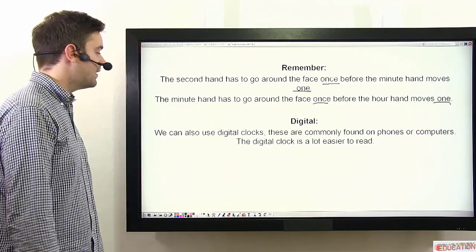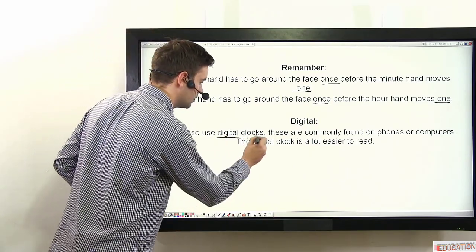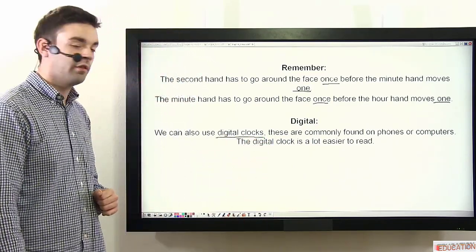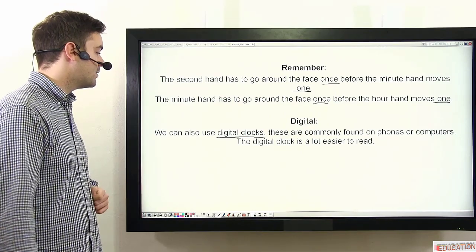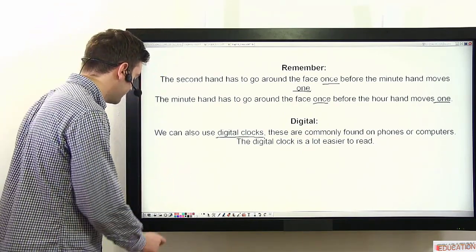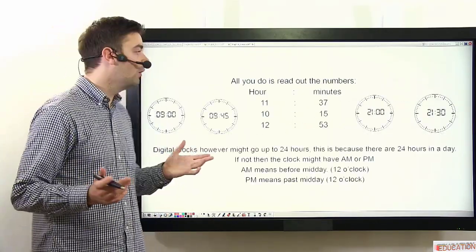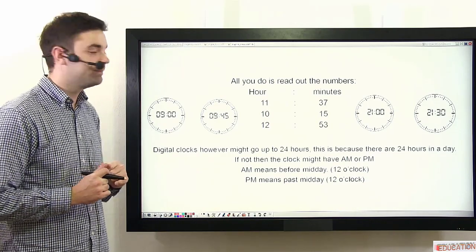We also need to look at digital. So we can also use digital clocks. These are commonly found on phones or on computers. The digital clock is a lot easier to read. All you need to do is read out the numbers.